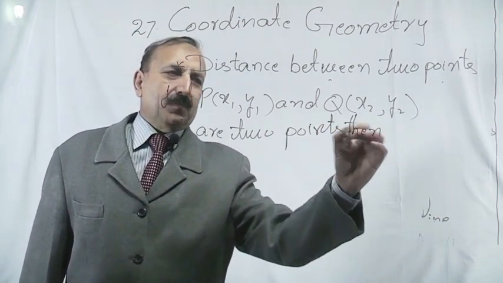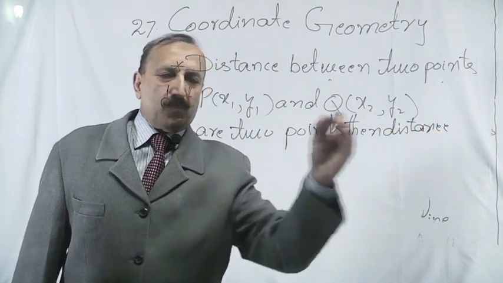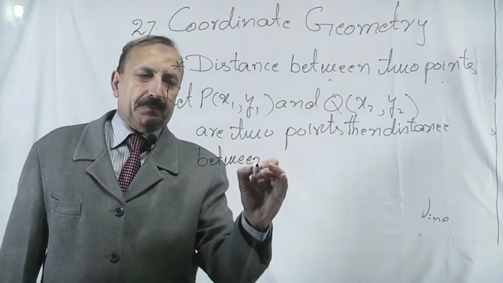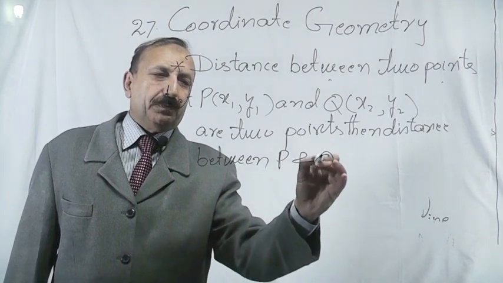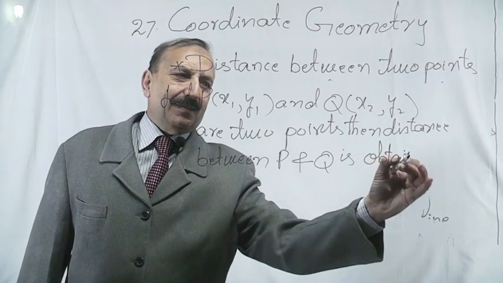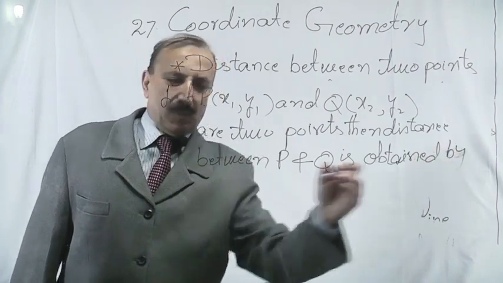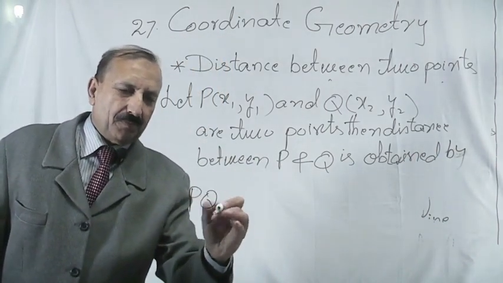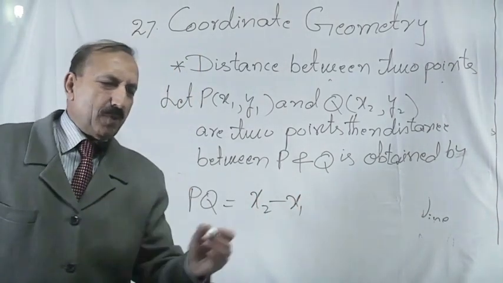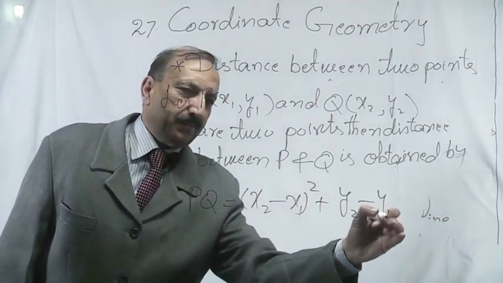Then distance between P and Q is obtained by, this is PQ is equal to, this is formula basically, this is square root of x2 minus x1 whole square plus y2 minus y1 whole square.